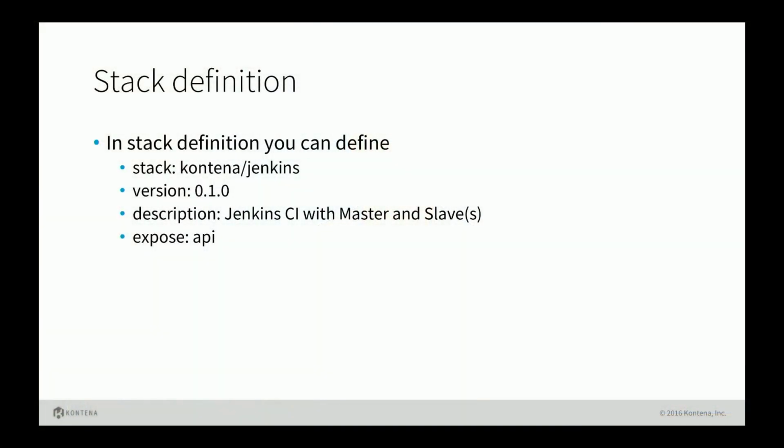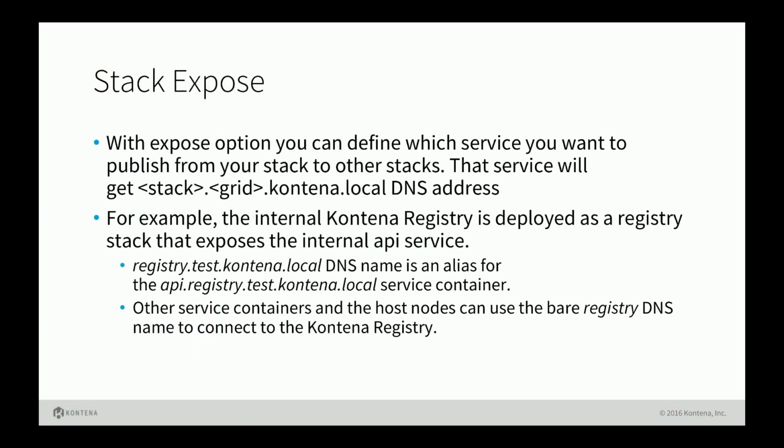Then you can expose some service from your stack. With that expose option, you can define the service you want to publish from your stack to other stacks. Kontena will then create a stack.grid.kontena.local DNS address for that service.